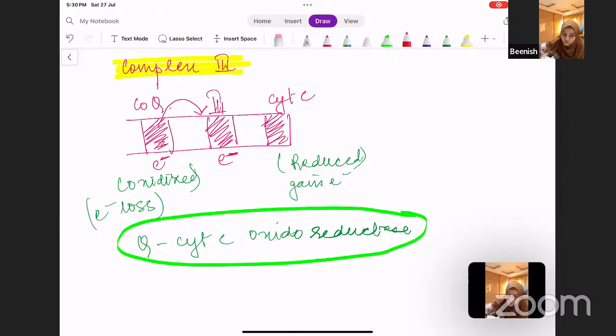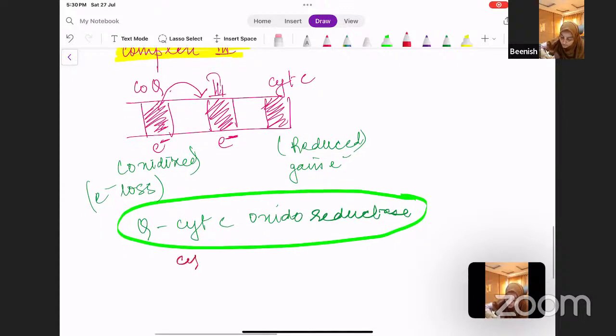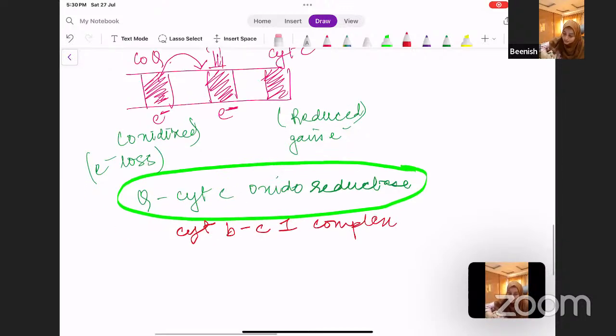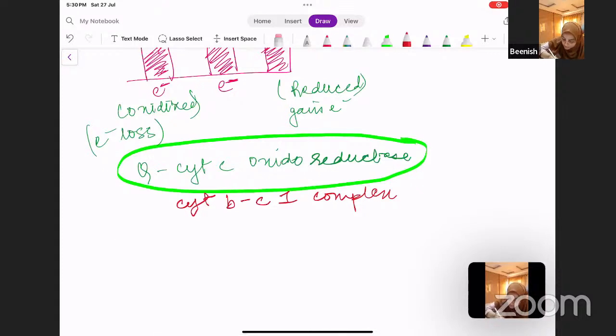It is also the cytochrome B C1 complex. Now talking about the components of complex 3.